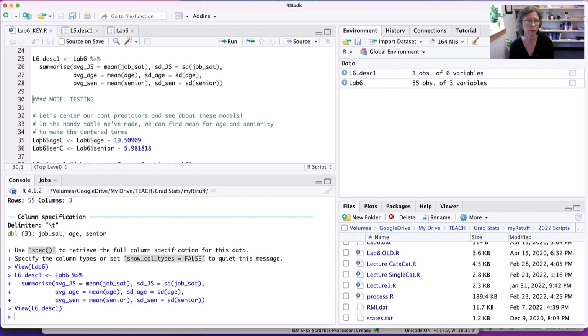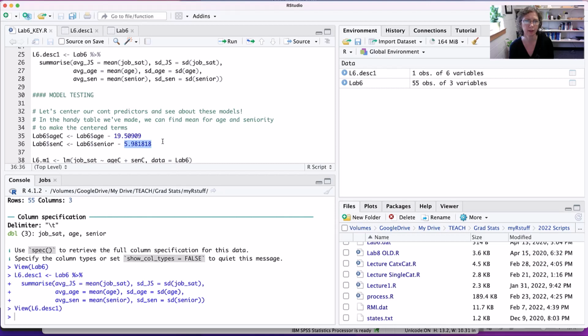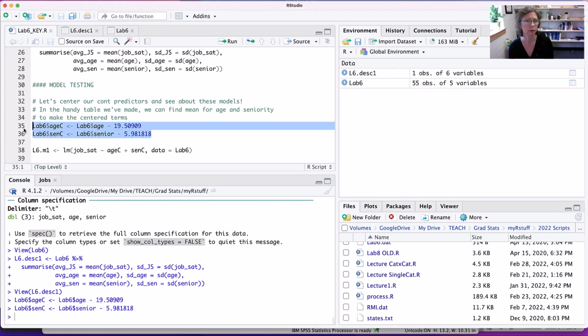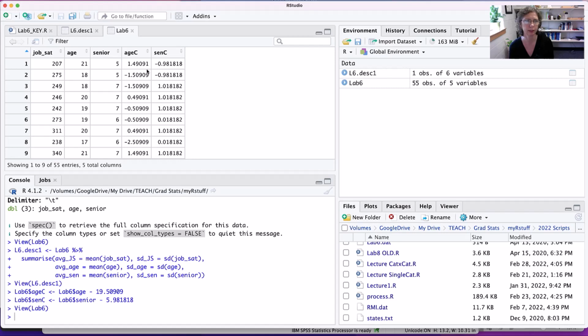I'm going to add a new variable to lab 6 called ageC, and it's assigned by the lab 6 age variable minus that number. And likewise, I'm making a new variable in the lab 6 data frame called senC, and it's assigned by the lab 6 variable called senior minus that value. So run both of those. And now my lab 6 has extra variables in it, ageC and senC.